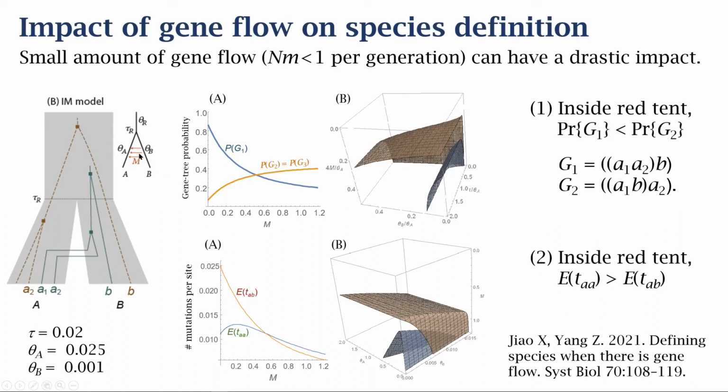You get a little bit of gene flow, fairly realistic, and then we characterize the parameter space to say that when M, big M, that is N times small m, measured by the expected number of migrants per generation, is larger than about 0.5, G2 has a higher probability than G1. Similarly, if M is a little bit bigger than about 0.5, E[TAA] is bigger than E[TAB].